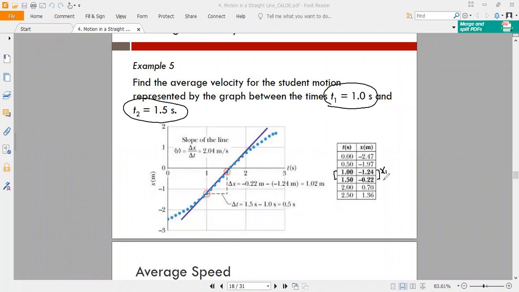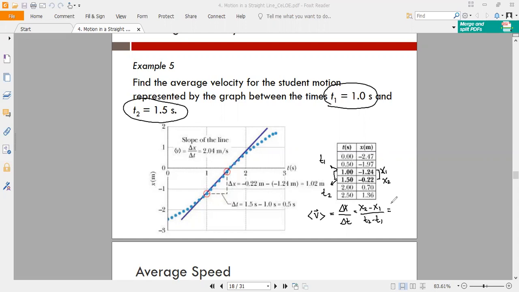This is x1, this is x2, the initial position and the last position. And this is the initial time, t1, and this is t2. Okay, so if you want to find the average velocity, we can just find delta x, the change of its position, and delta t. So in this case, we have x2 minus x1 over t2 minus t1.